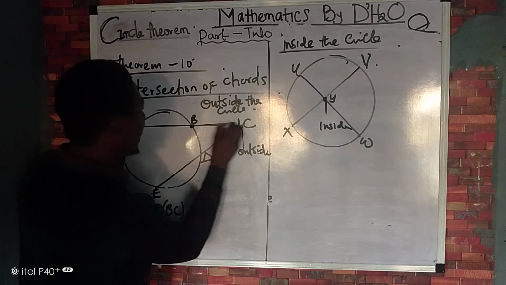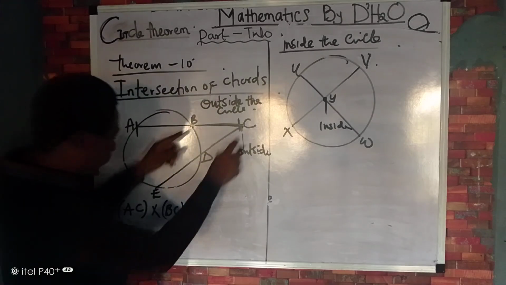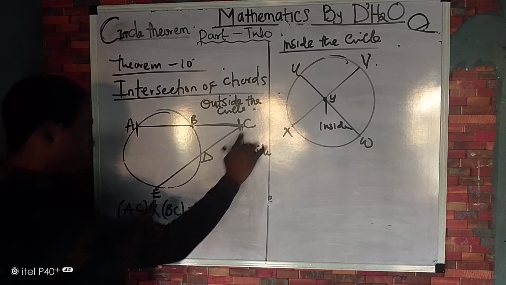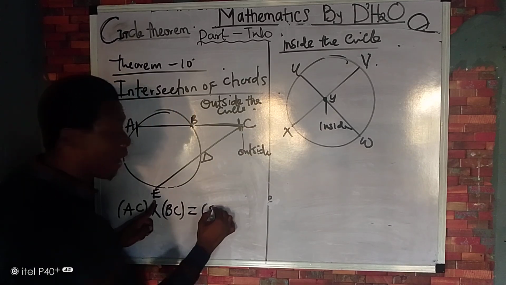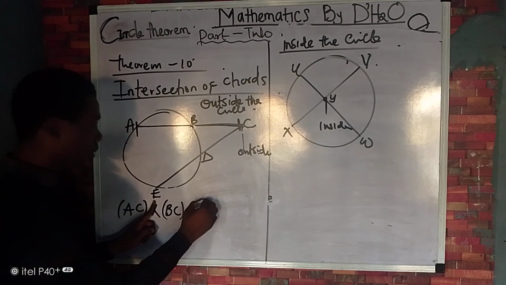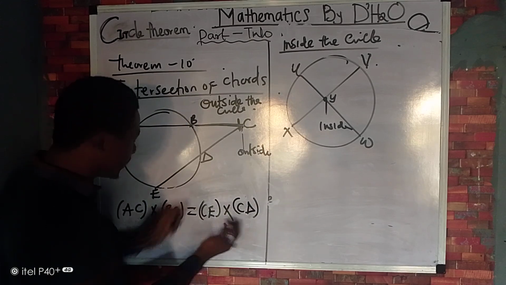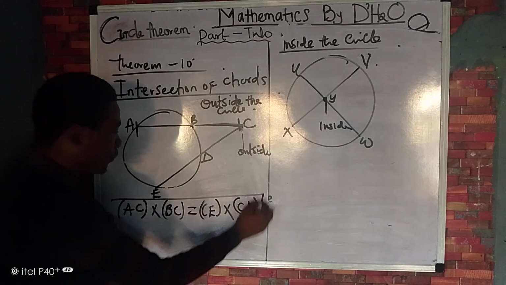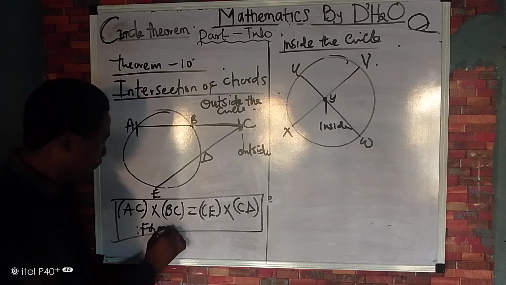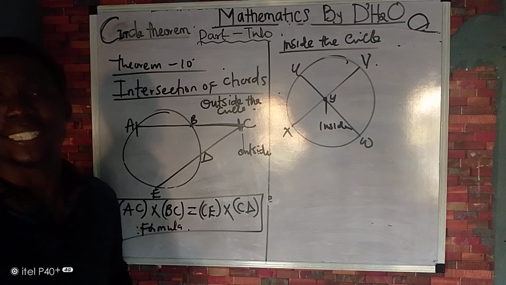The full length AC times the short length BC equals the same thing: the full length CE. We have to arrange it in alphabetical order, so don't write EC, write CE, times the short length, which we call CD. With this important formula, you will be able to solve the problem involving intersection of two chords outside the circle.